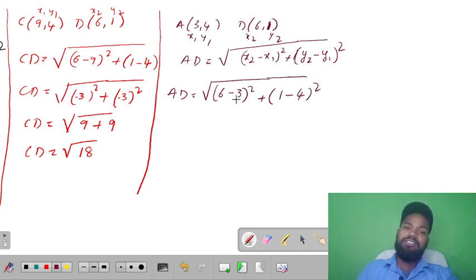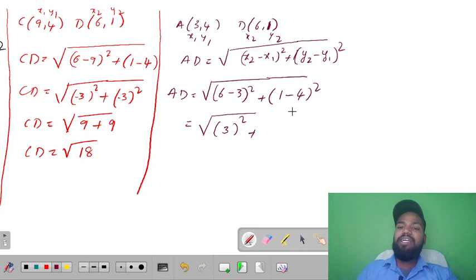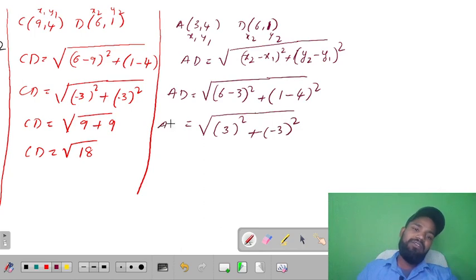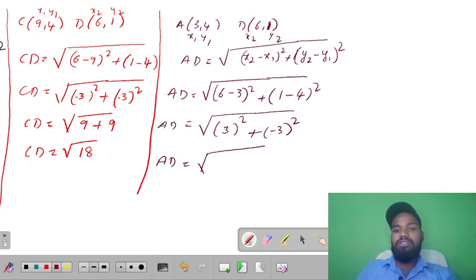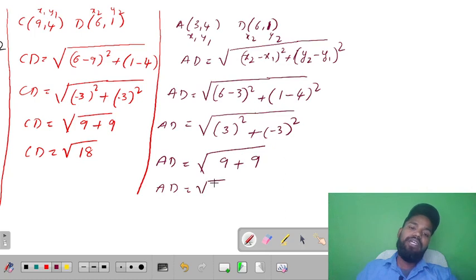Just do it: 6 minus 3, 3 whole square, plus 1 minus 4, minus 3 whole square. Just simplify it, you get the answer. AD equals under root 3 square 9 plus 3 square 9. So AD equals root 18.